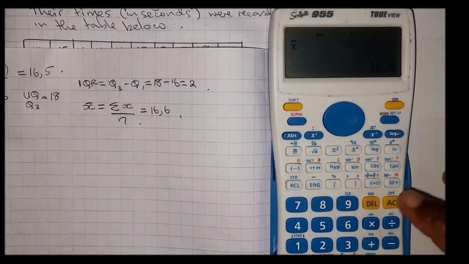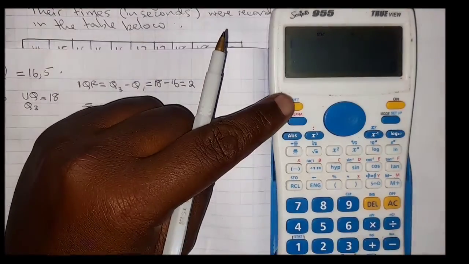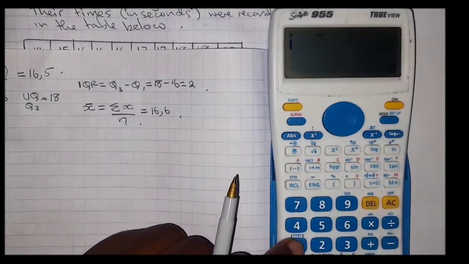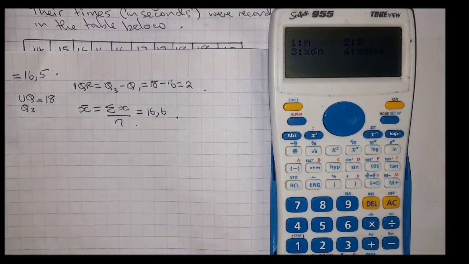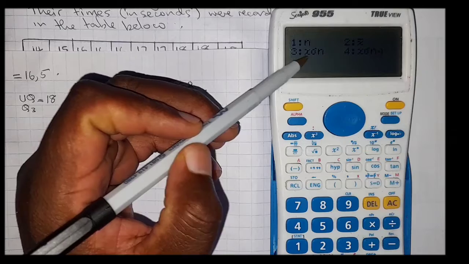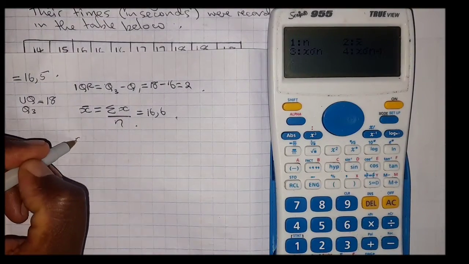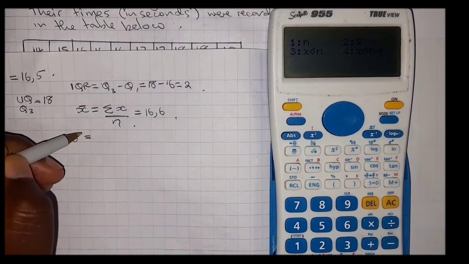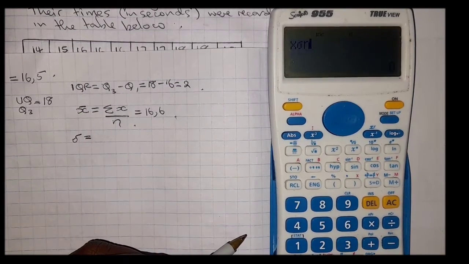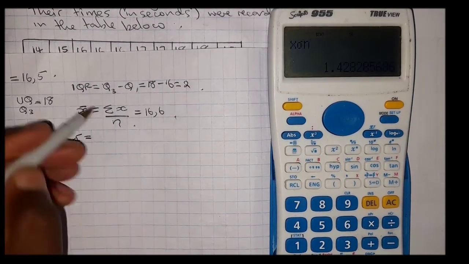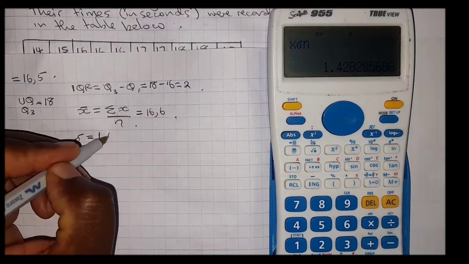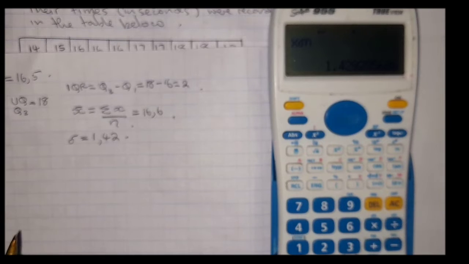And then the standard deviation: press shift 1 and variance number 4. This is our standard deviation, option number 3. You press your 3, you press your equal sign, that is 1.42.